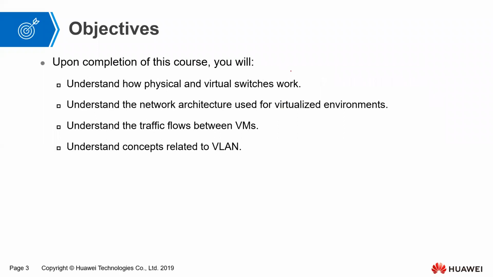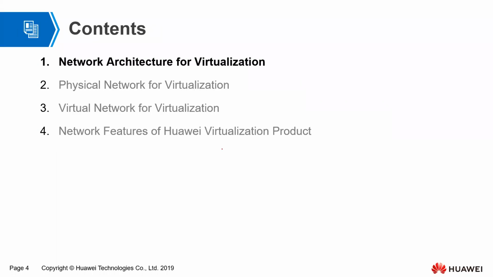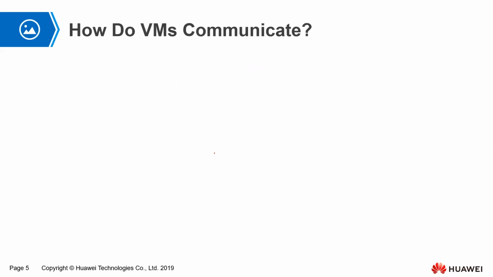Upon completion of this course, we shall be able to understand how physical and virtual switches work, the network architecture used for virtualized environments, the traffic flows between virtual machines, and the concepts related to the virtual local area network, the VLAN.